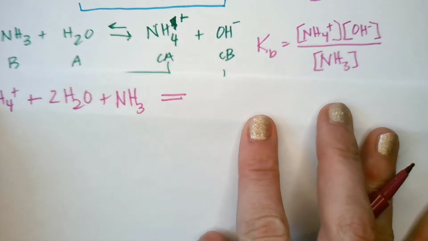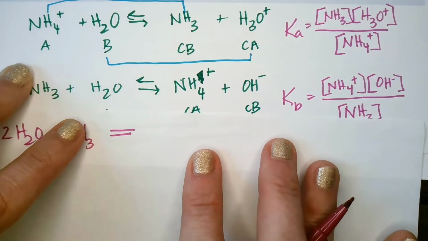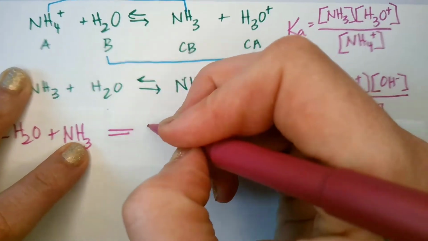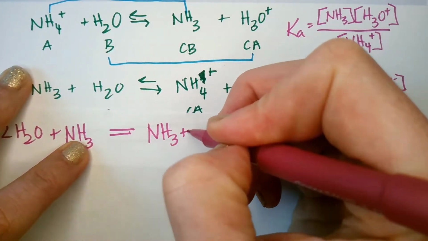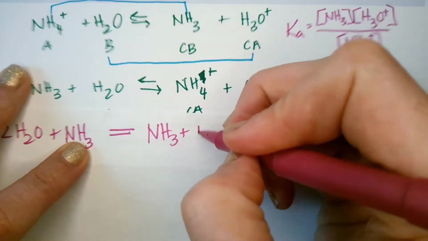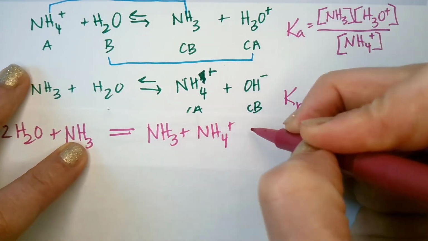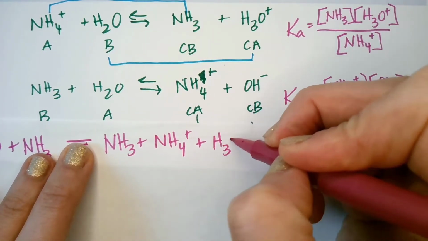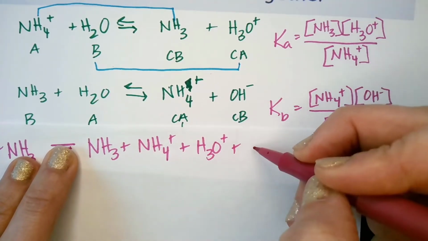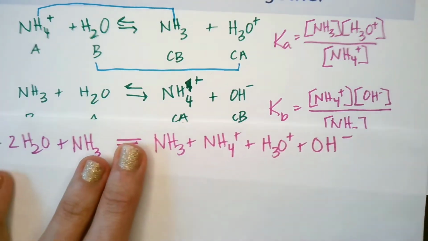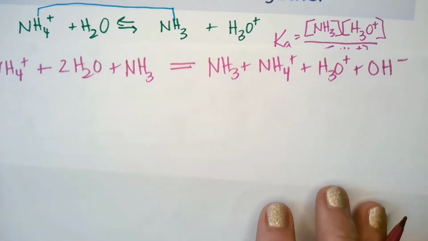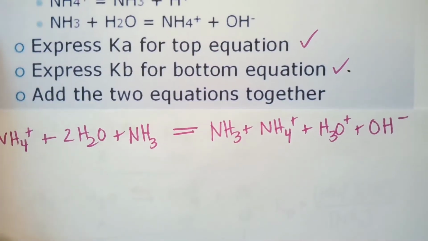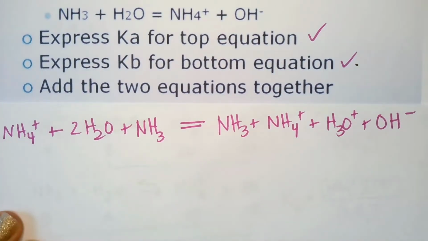Okay, so that's everything on the left. Now let's take everything on the right: NH3 plus NH4 plus H3O, hydronium, and hydroxide. Okay, we've got our two equations added together.